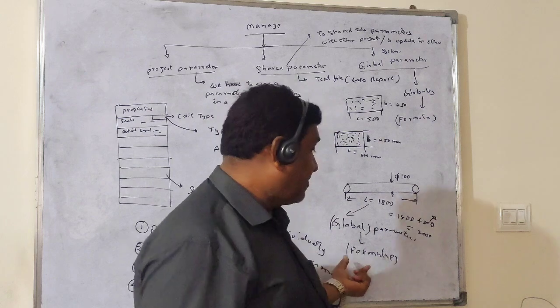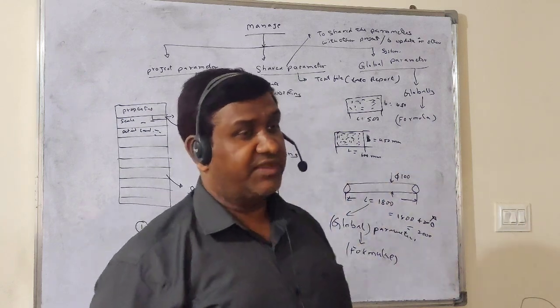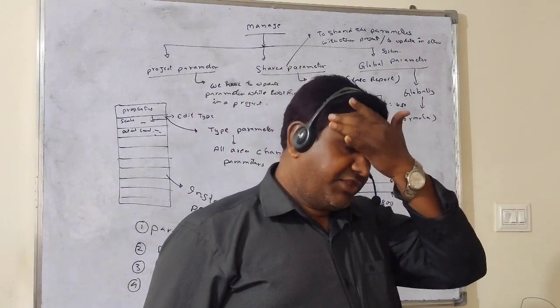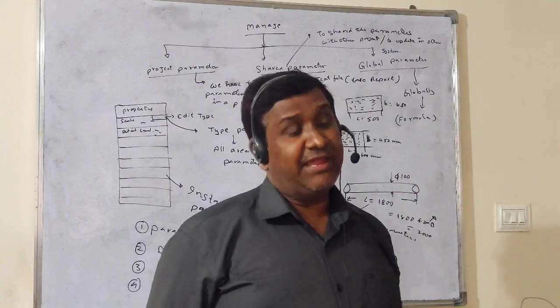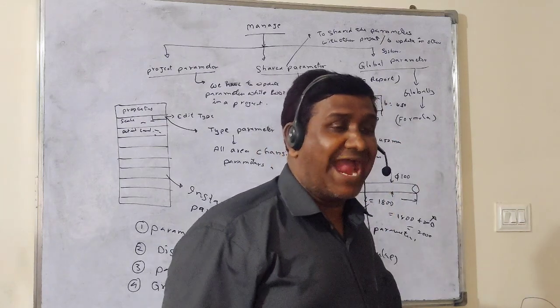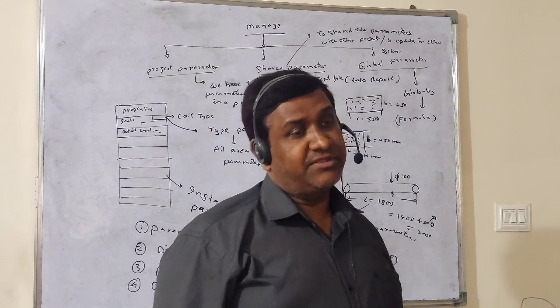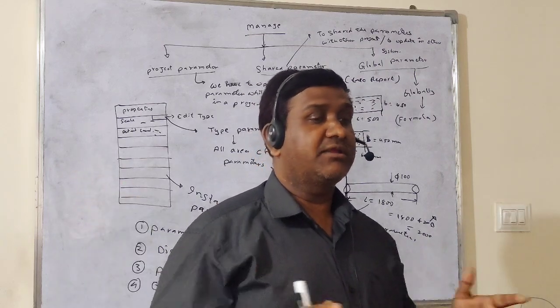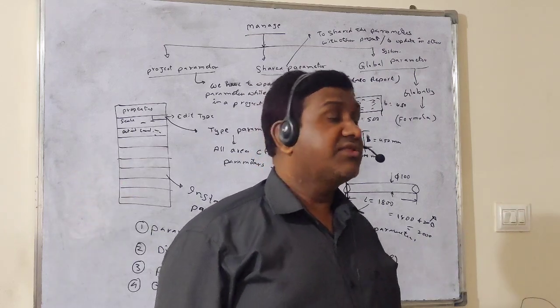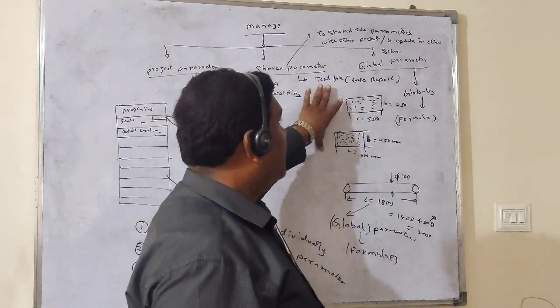So this global parameter is somewhat of an automation, because without changing the pipe physically by hand, if you put a value in the global parameters, it is changed automatically. That type of parameter we call a global parameter.